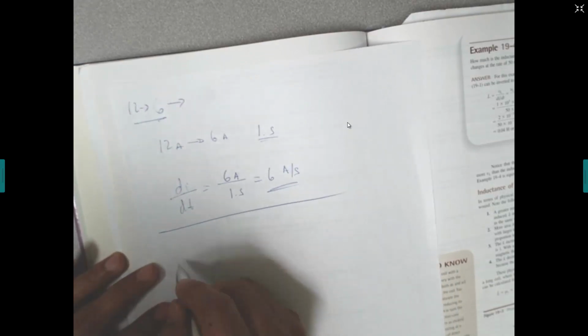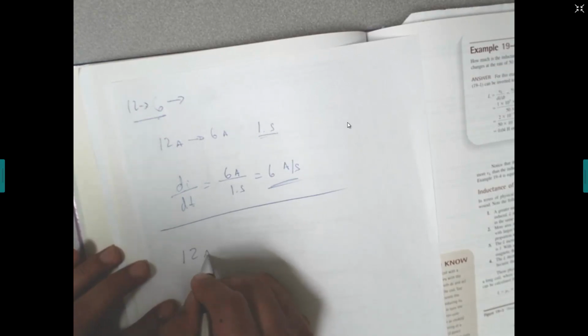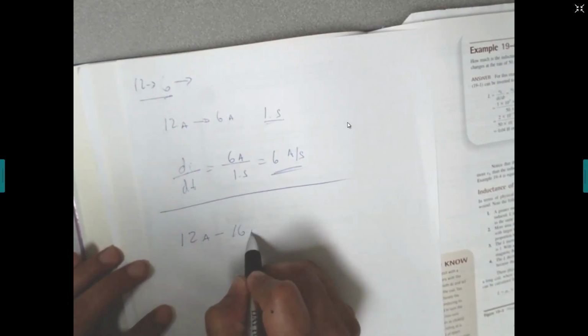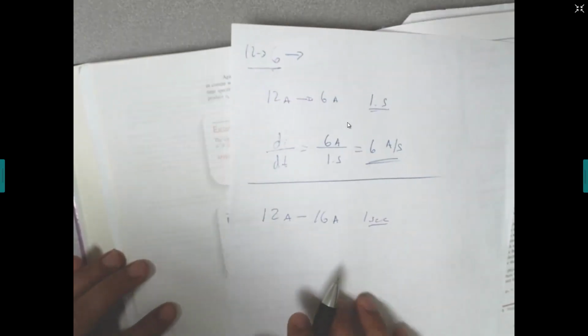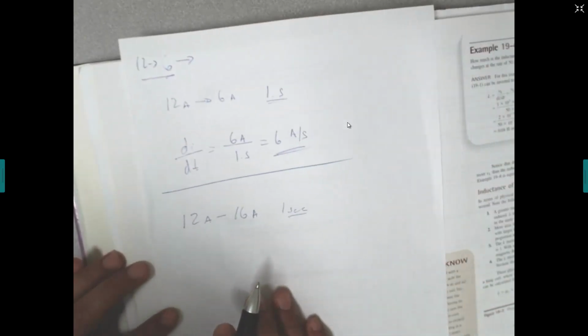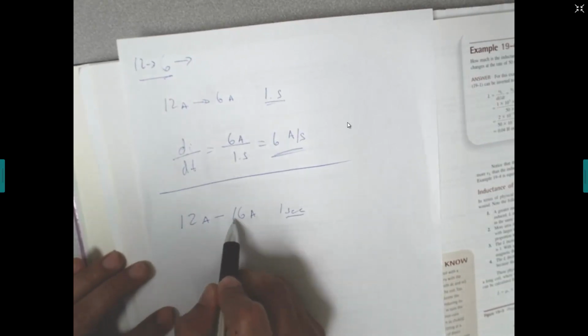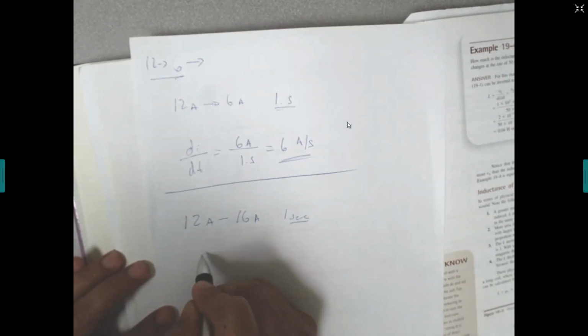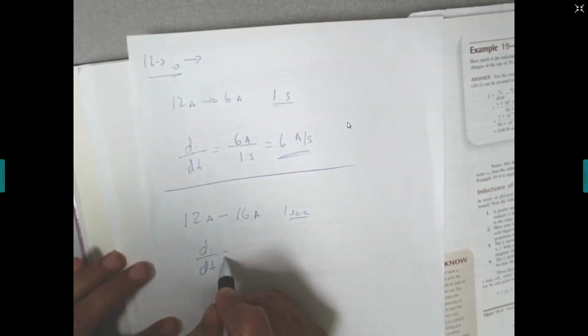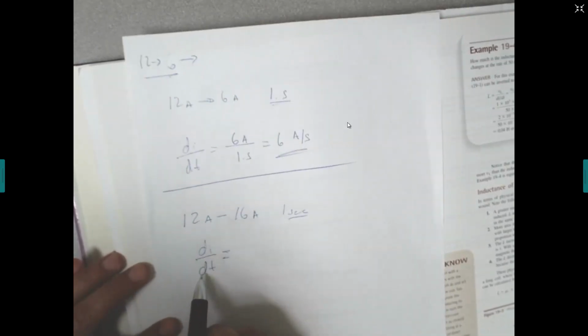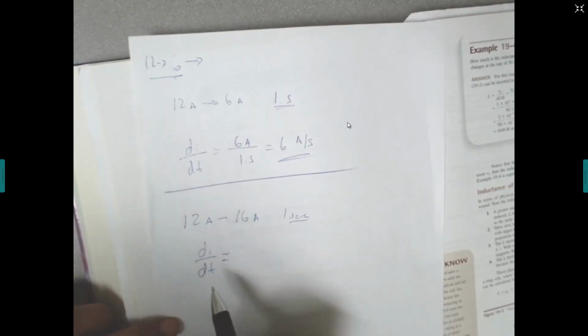I did a typo here, but the actual problem says it changes from 12 amps to 16 amps, and the time is 1 second. So the current on this inductor changes from 12 amps to 16 amps in 1 second. They want to know what is the di dt, which is the rate of change of the current with respect to time, or in other words, how many amperes per second.